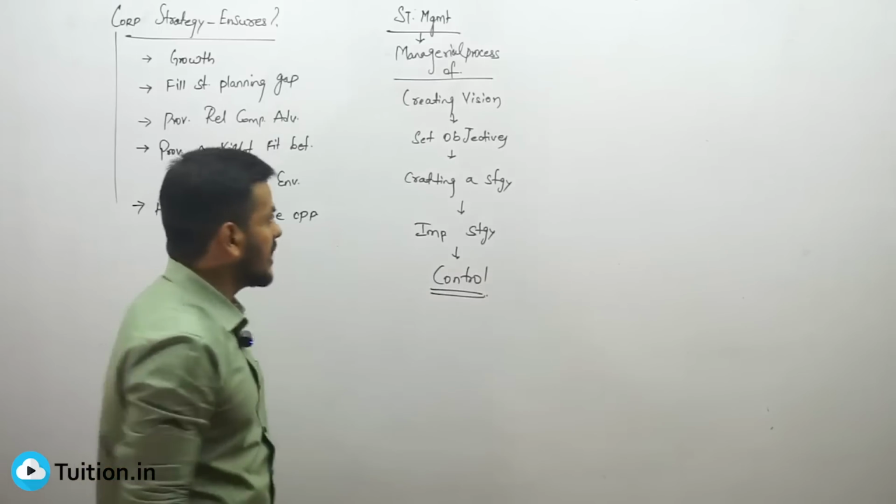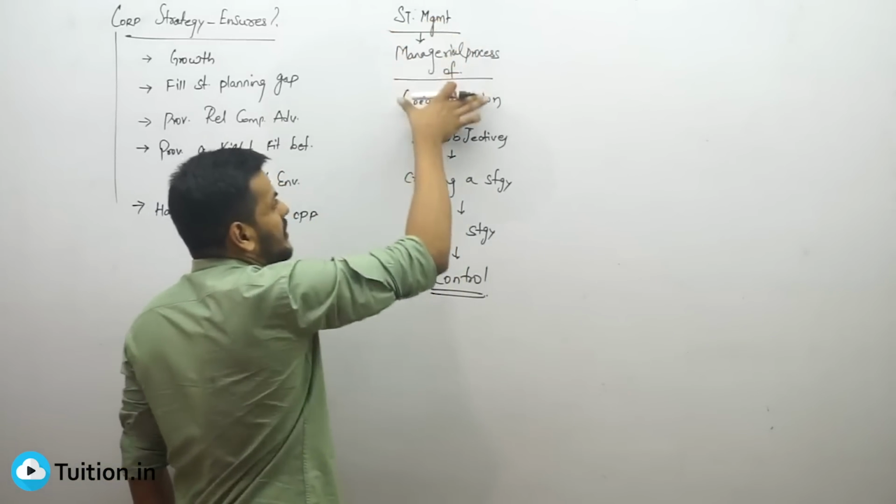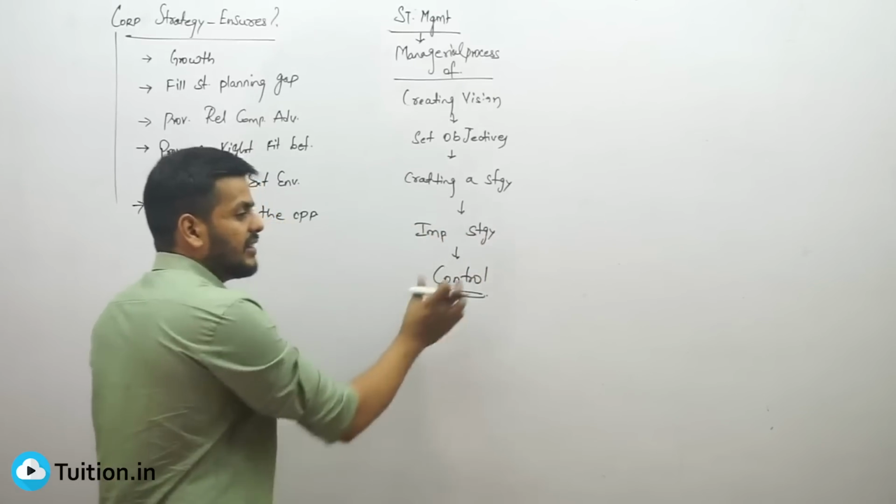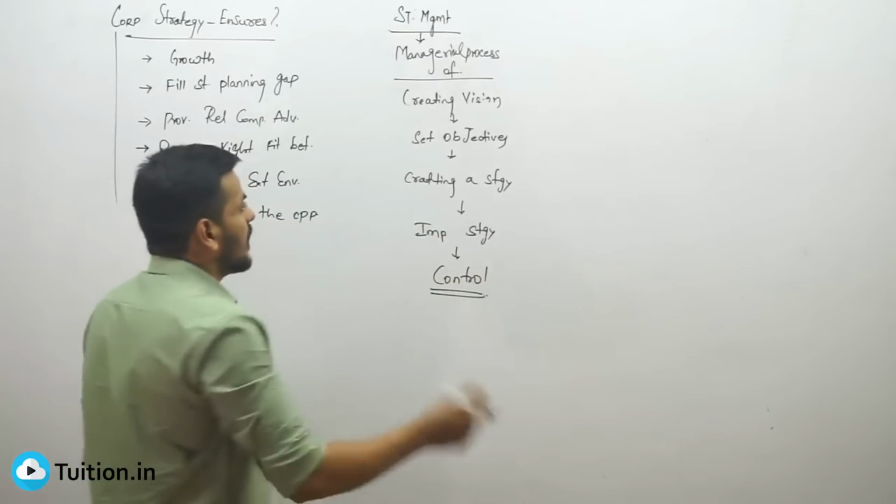So control is about taking corrective actions. Strategic management is the managerial process of creating vision, setting objectives, crafting a strategy, implementing that strategy, and taking corrective actions whenever it is necessary.